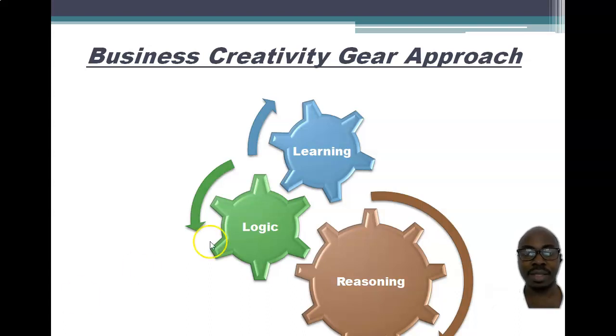The first gear here is learning. First, you want to learn about the industry you go into. And while learning about the industry, you use the constructivism learning approach. What the constructivism learning approach does is enable you to learn about the industry from the perspective of creating something out of it.